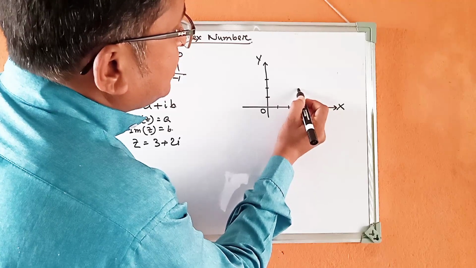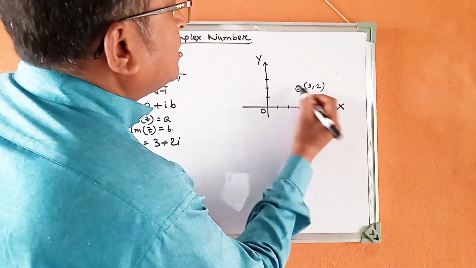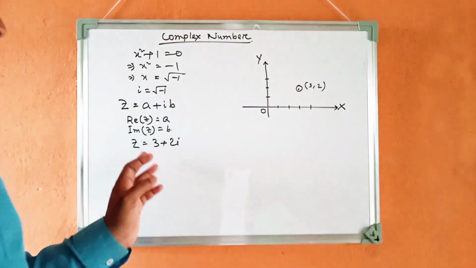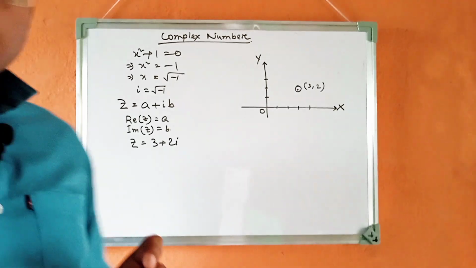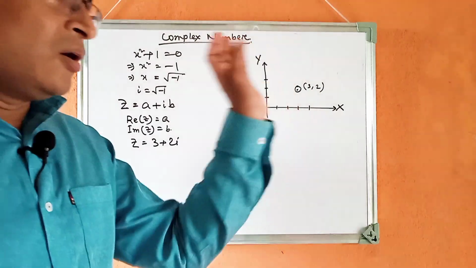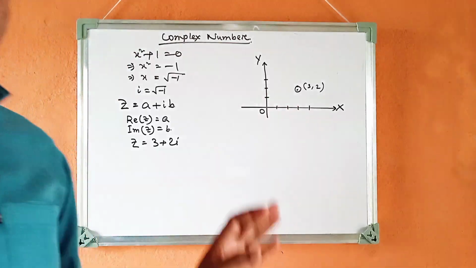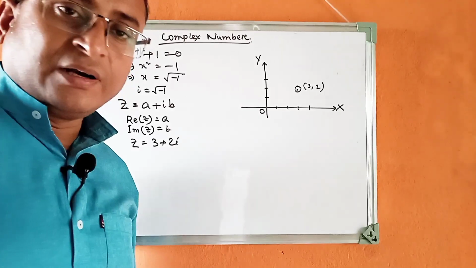This point (3, 2) is the representation of this complex number z equal to 3 plus 2i. Clear? This plane, or graph, is also called the Argand plane.